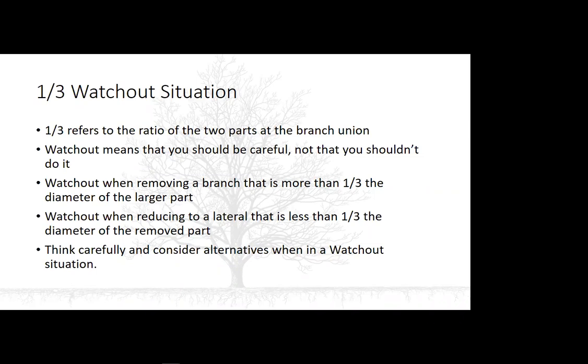You can reduce, and in fact, when you're pruning shrubs frequently, I just did a reduction or rejuvenation pruning on one of my shrubs where I was reducing the branches to a lateral bud, not a lateral branch. It's just that is a cautionary situation. You want to pay attention to it. You might want to think about another way of approaching the problem if you're going to violate that 1/3 rule.